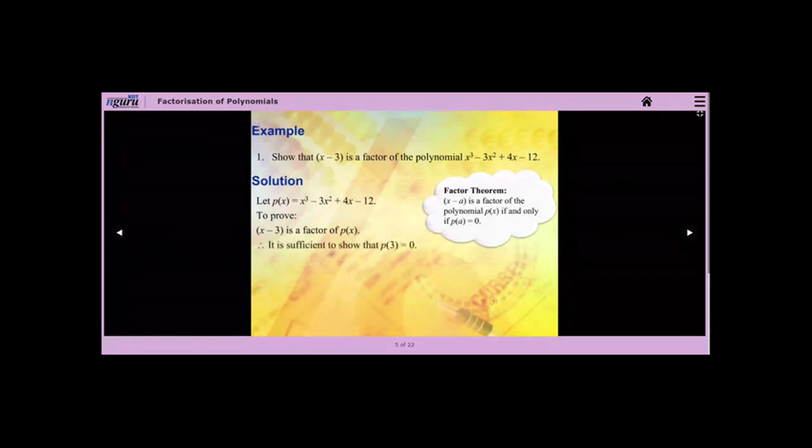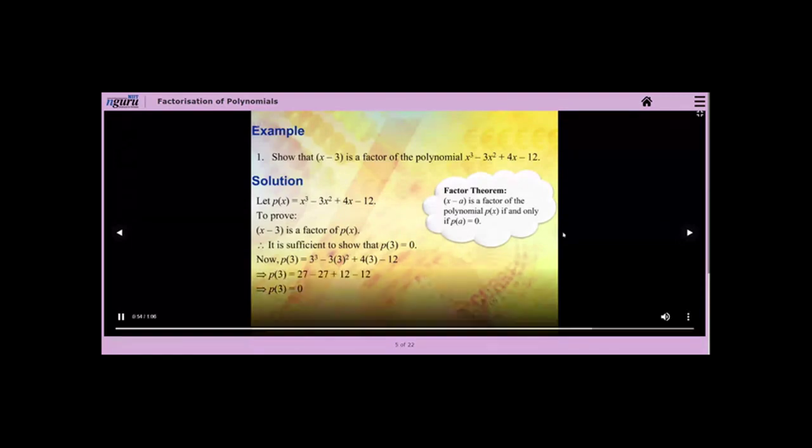Therefore, it is sufficient to show that p of 3 is equal to 0. To get the value of p of 3, we have to replace x by 3. Simplifying further, we get the value of p of 3 as 0. Hence, x minus 3 is a factor of the polynomial x cubed minus 3x squared plus 4x minus 12.